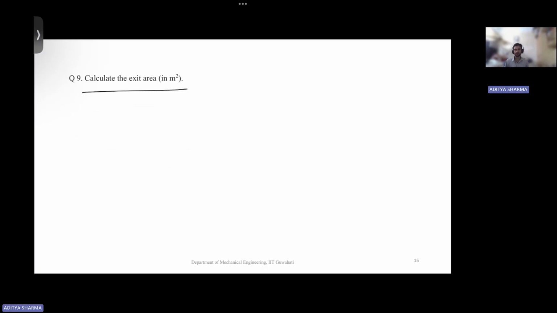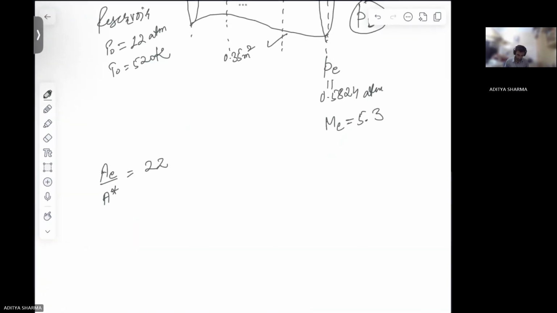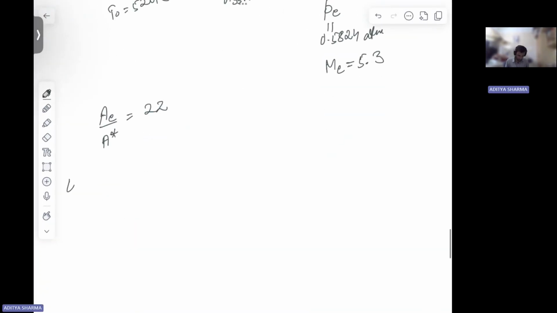Calculate the exit area. So exit area we have to calculate. This is question number 9 solution. So AE by A star is 22.